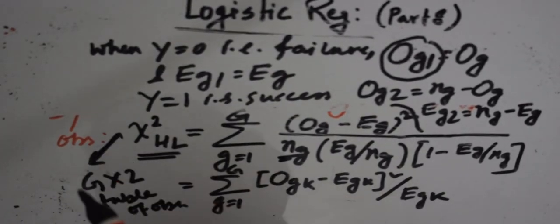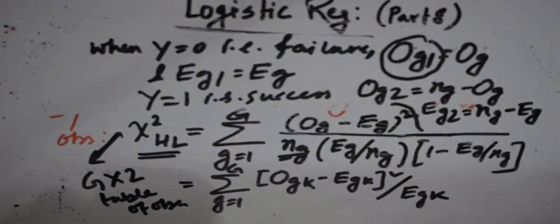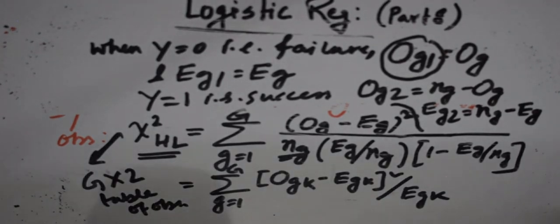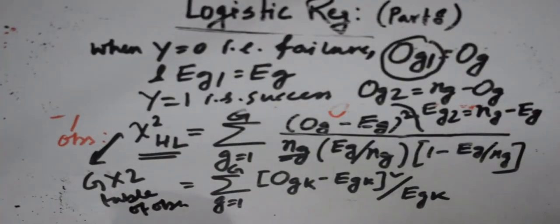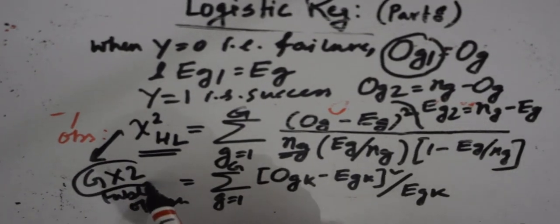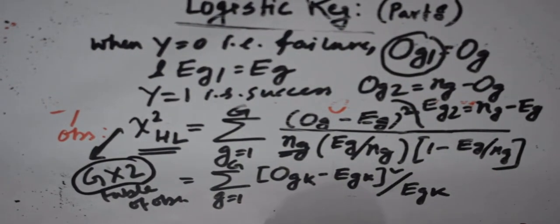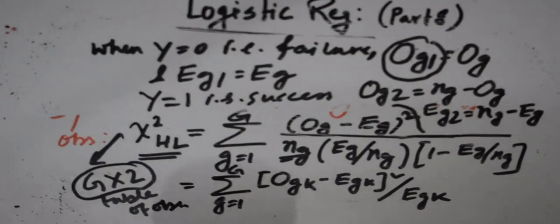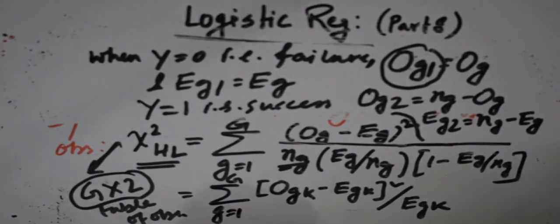So this statistic is nothing but a Pearsonian chi-square applied to a capital G cross 2 table of observed and expected counts in the G groups.